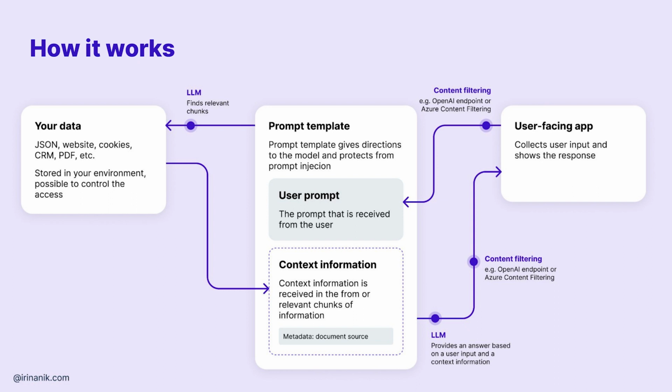We get this information from the vector store, and then we send it together with the user prompt to the large language model. So the large language model knows the context, and then it is able to answer the question based on this context. That's how we use the vector store in our chatbot.